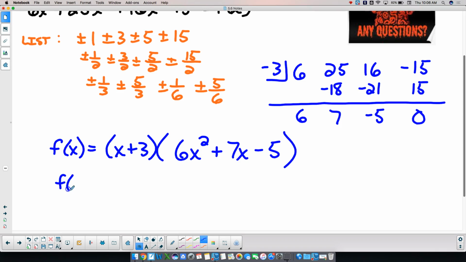So f of x is x plus 3 times that, and man, I hope that's factorable.